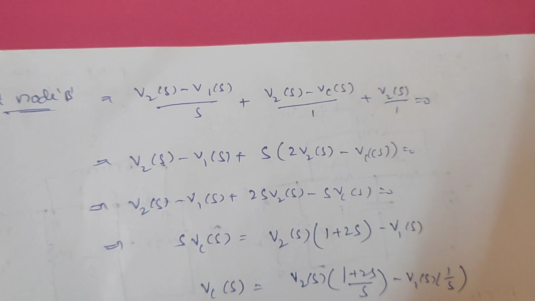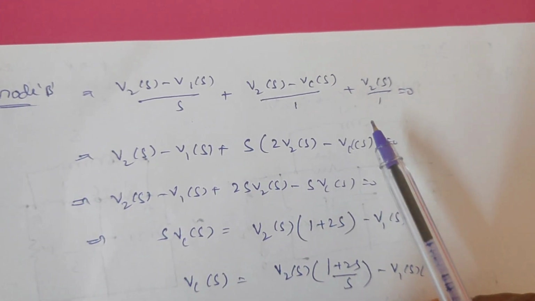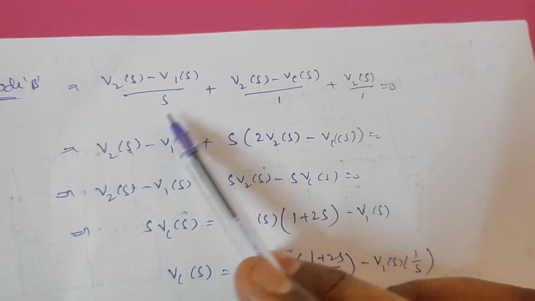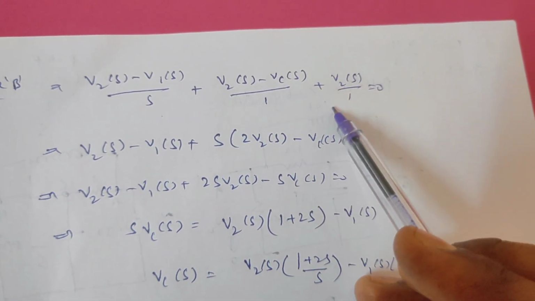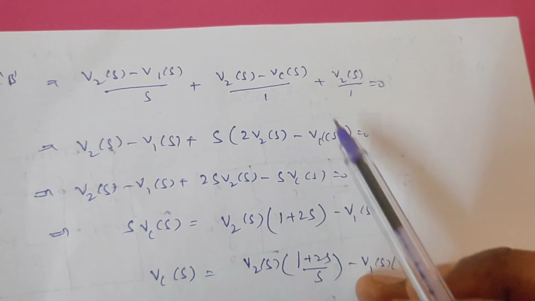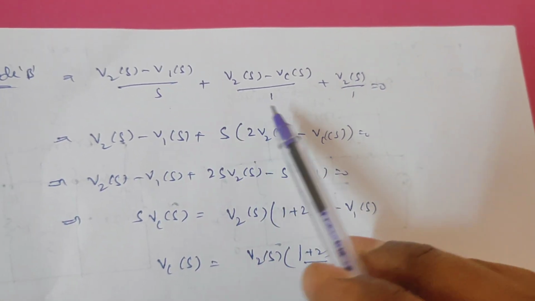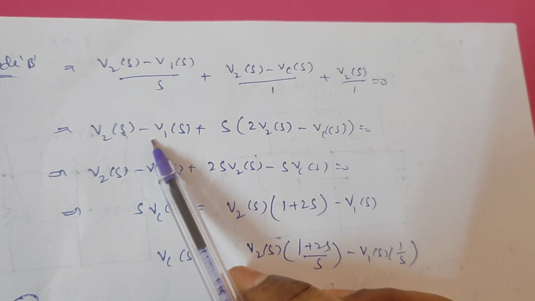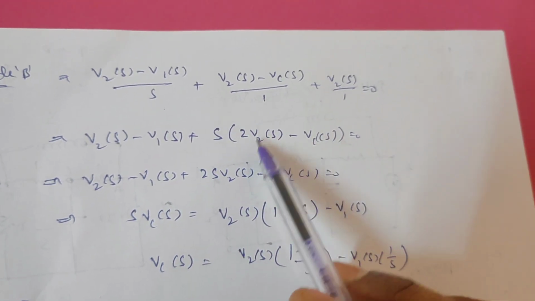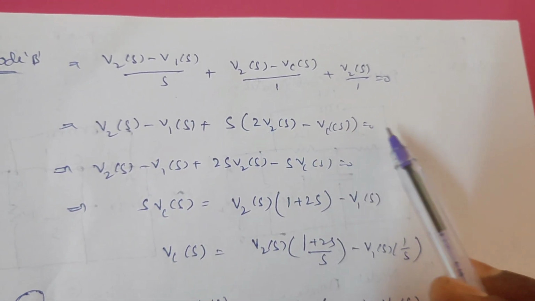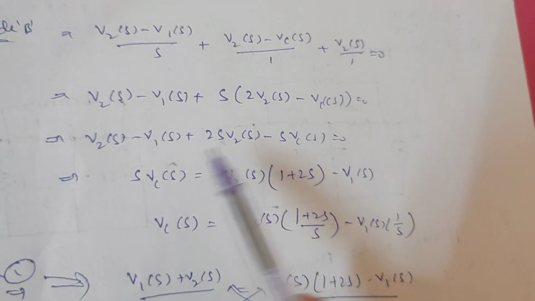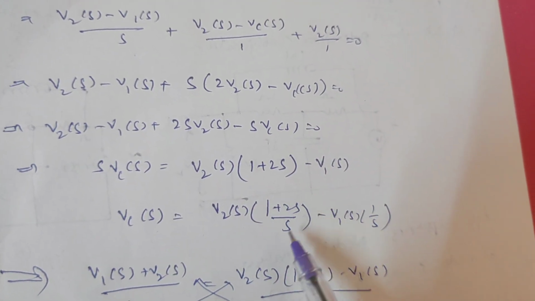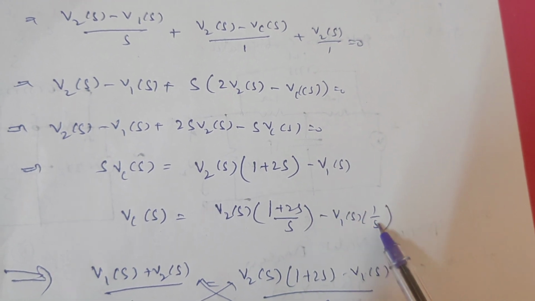This is the nodal analysis at node B. So this is V2 of S minus V1 of S by S, plus V2 of S plus V2 of S, nothing but 2 into V2 of S, minus VC of S. Taking the LCM, which is S, we get V2 of S minus V1 of S plus S into 2 into V2 of S minus VC of S, equal to 0. Upon simplifying this, we get VC of S is equal to V2 of S into 1 plus 2S by S, minus V1 of S into 1 by S.